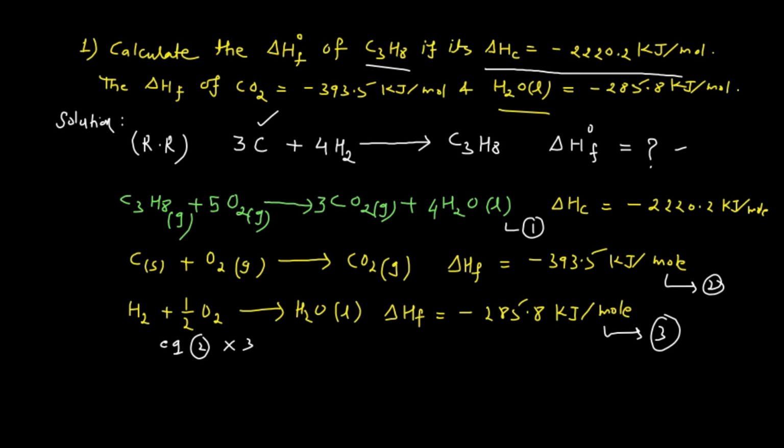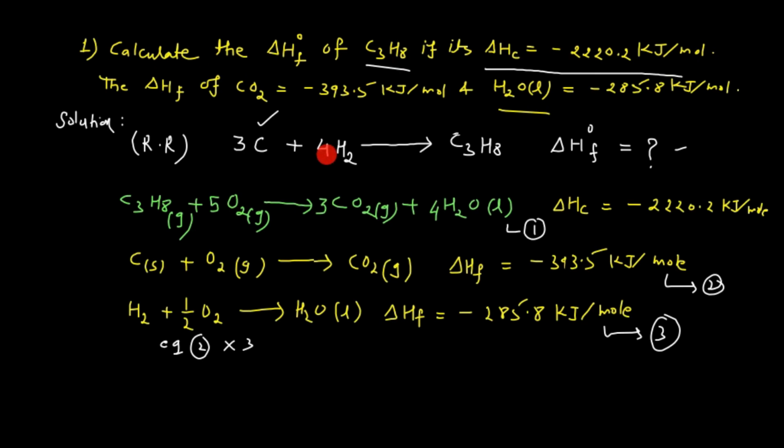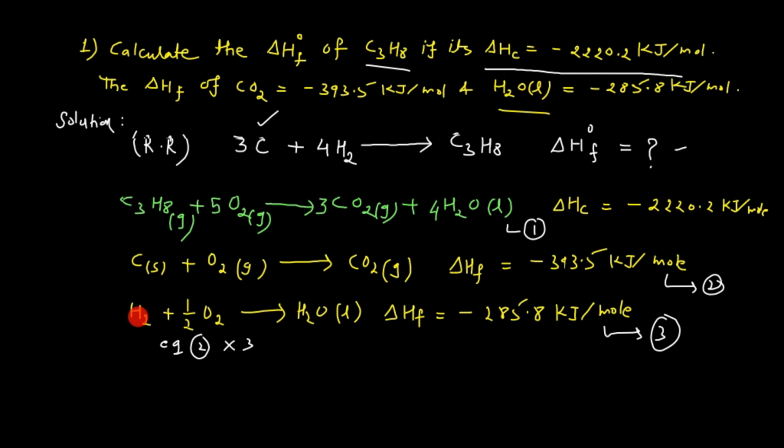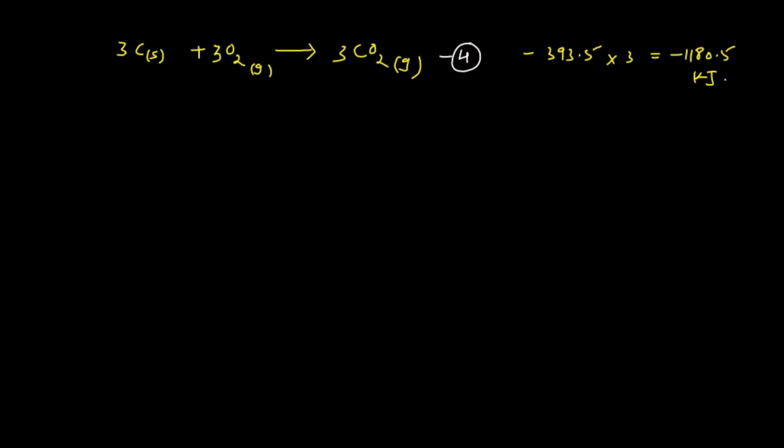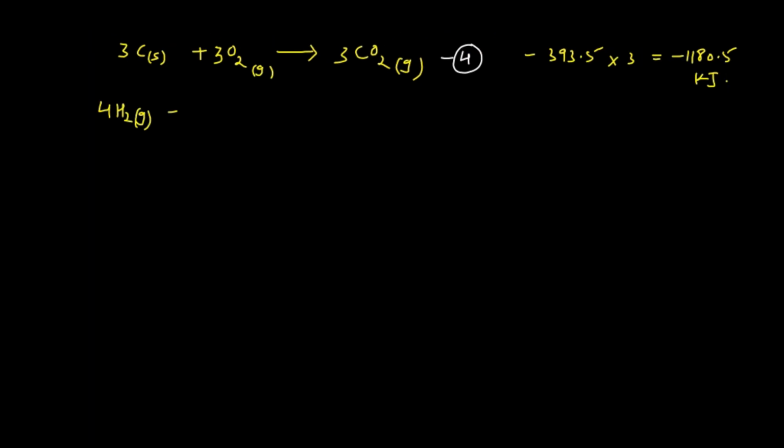If I go back, in this equation you need 4 hydrogens, but equation number 3 has only 1 hydrogen. So you need to multiply your equation 3 by 4. When you do this, you will have your next reaction, and 4 water molecules will form.